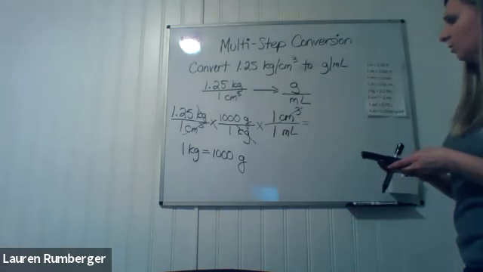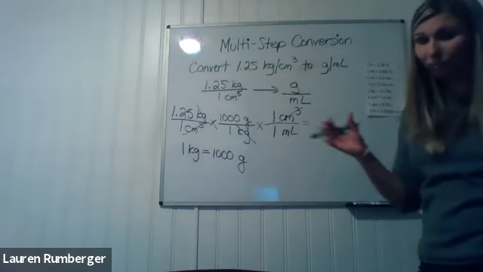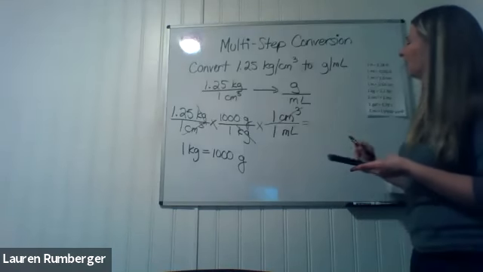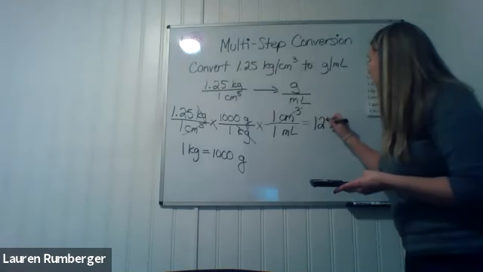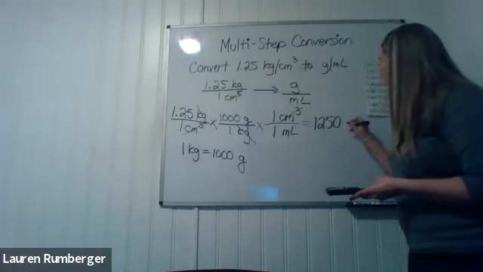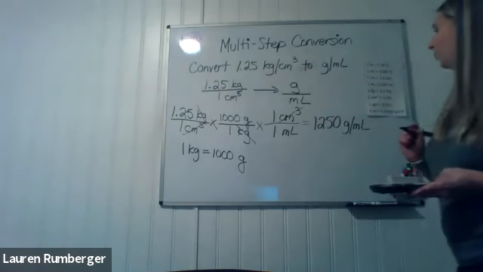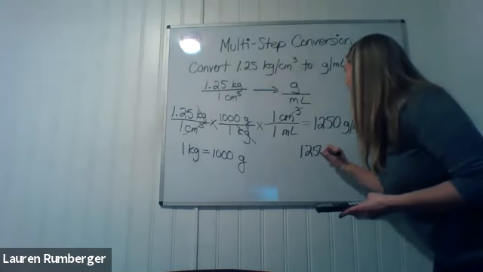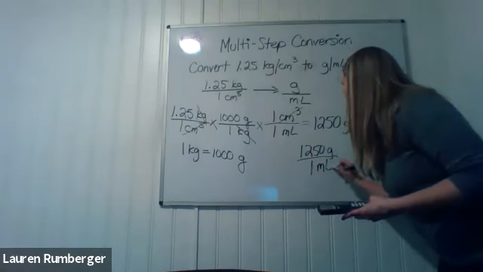1.25 times 1,000. Okay, I didn't really need my calculator for that, but you know, it's all good. So what you will have here is going to be 1,250 grams per milliliter. Or it can be written as 1,250 grams over 1 milliliter.